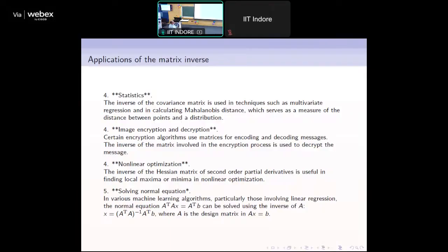Image encryption and decryption. We want to send one picture on the internet, and then we want this content of this picture not to be visible. We can do this using matrix inverse.